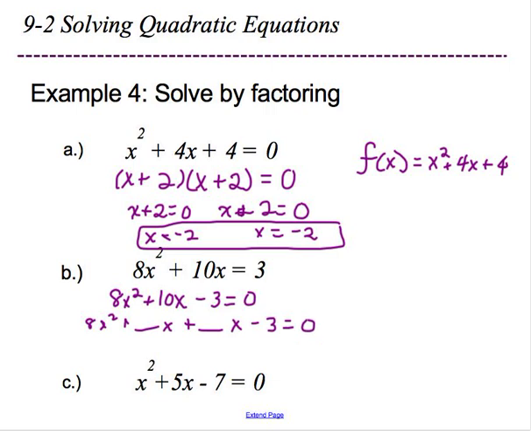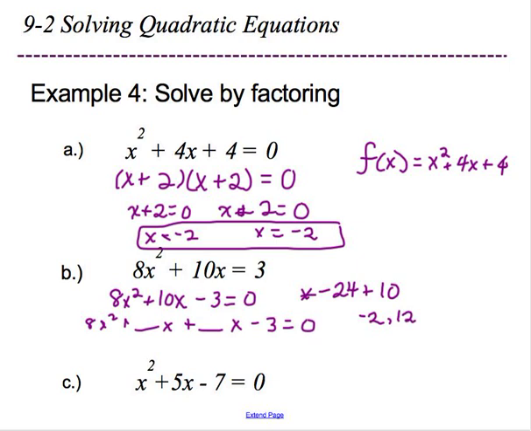So we need two things that multiply to get negative 24 and add to get positive 10. And my brain immediately goes to 6 and 4, but that won't work because it has to multiply to get negative 24. And so it's going to be negative 2 and positive 12. When we add them, we get positive 10. Multiply, we get negative 24.